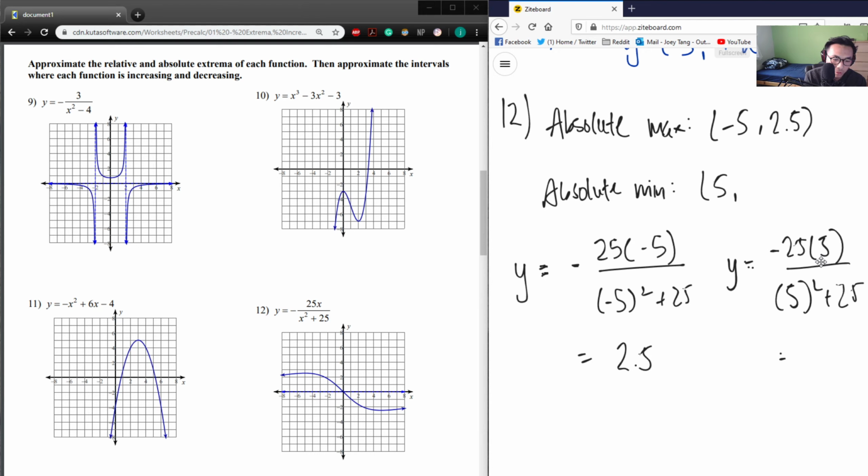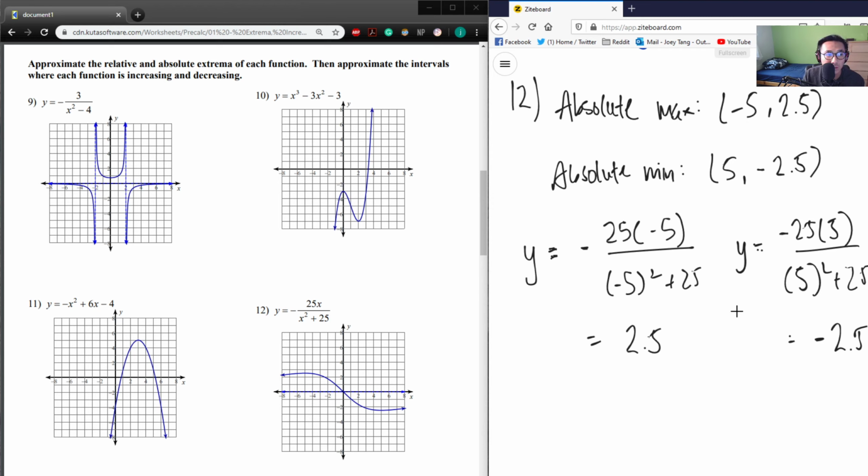I'm going to get negative 2.5. So this here is negative 2.5, which means my absolute minimum is negative 2.5. So awesome. We solved for, in this case, an absolute maximum and minimum.